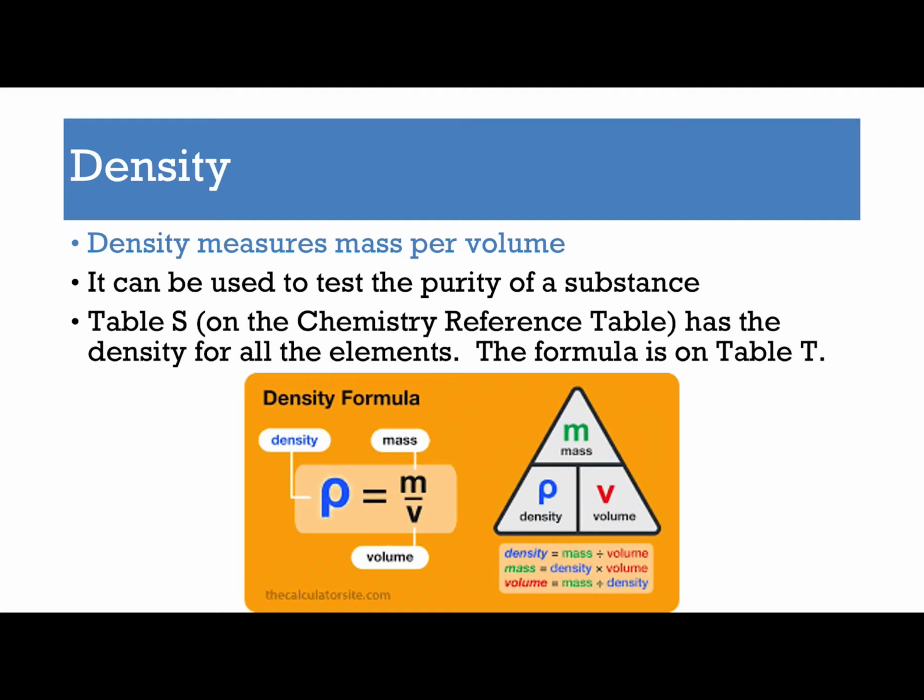The density for all the elements are on table S. So go ahead, answer the question. What is the density of nickel, which is Ni? Okay. Also, the formula for density is on the last page, and that's table T. So the next video we go over will be how to use the density formula.